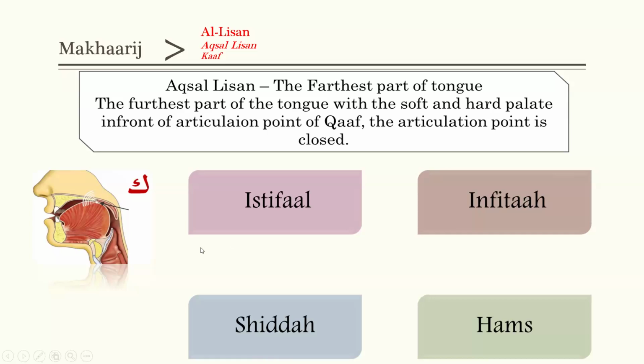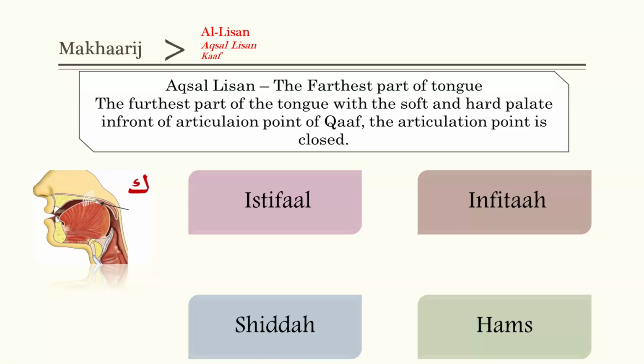So kaf is mahmus, it has hams. First, the articulation point is slightly ahead of the qaf. Qaf is at the soft palate, and kaf is at the hard palate, where there's a bone underneath.